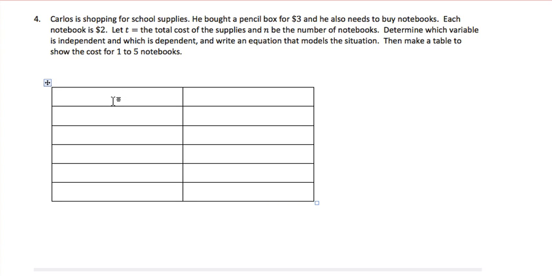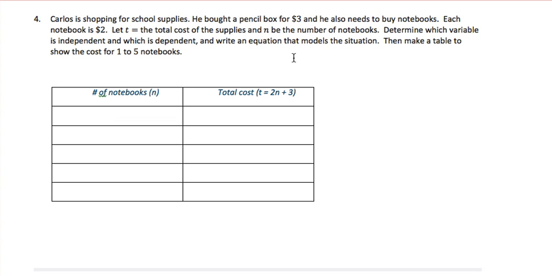Our independent variable would be the number of notebooks, which we'll represent as N. And the total cost is our dependent variable, T, and it's dependent because it depends on how many notebooks he purchases, and of course he's also buying the pencil box for $3.